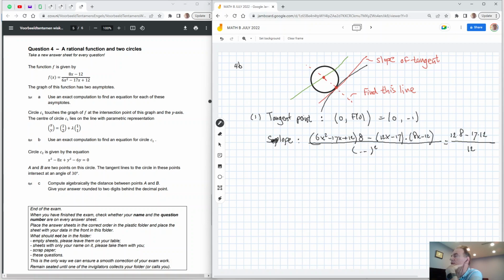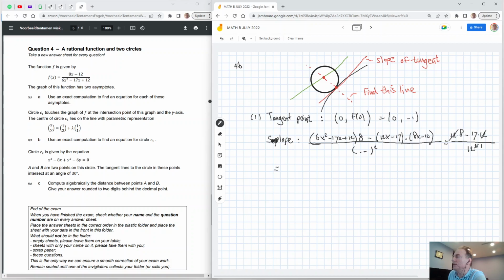So is this all correct? 12 times 8. Yeah, or divided by 12 squared. So what is this? I can actually drop 1/12 here. This becomes 1.